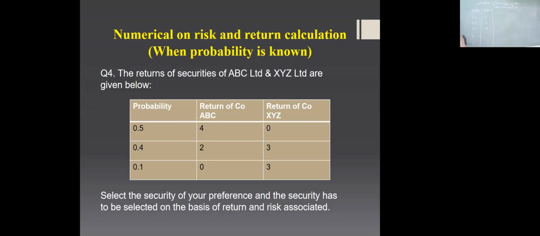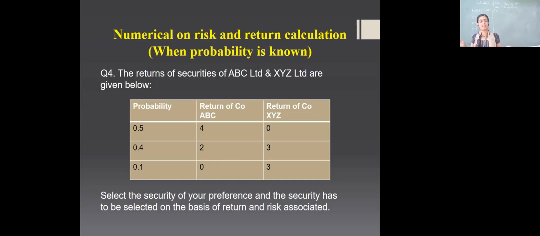How do you find the expected return? When the probability is given, and the returns are also given, we are supposed to find the expected return that the company would give you in the future based on the probability.